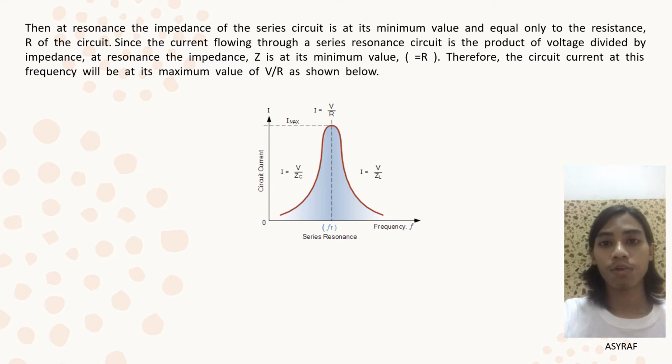Since the current flowing through a series resonance circuit is the voltage divided by impedance, and at resonance the impedance Z is at its minimum value, equal to R, the circuit current at this frequency will be at its maximum value of V over R, as shown in the figure below.